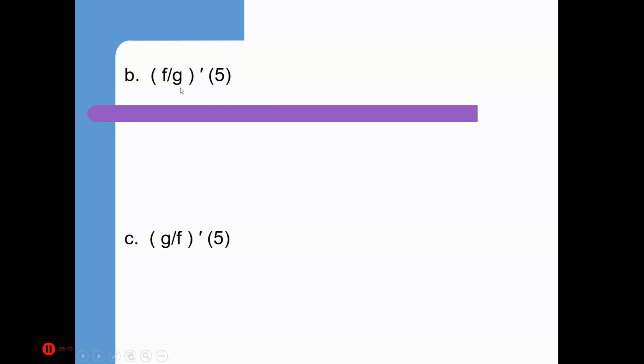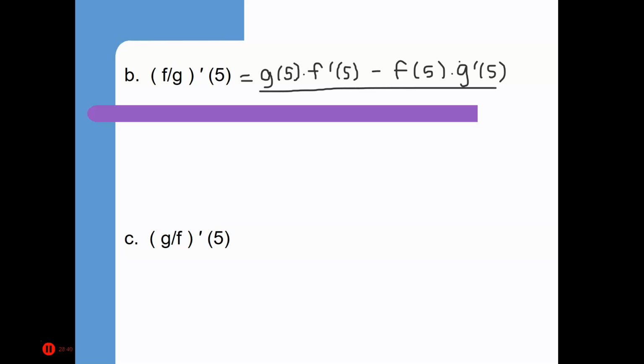So similarly in B and C, we're going to compare f divided by g to g divided by f. So it's ho di minus hi do, all over ho ho.